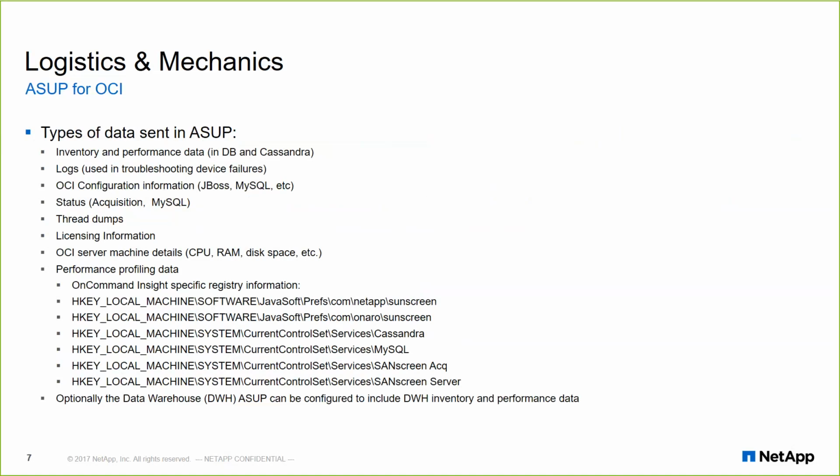We can send the OCI configuration information, status information of your acquisition units and your SQL Server, thread dumps, your licensing information, some of your OCI server information like resources, CPU, RAM, and memory, some of your performance profiling data, and if you turn this on with the data warehouse, you can send the inventory and performance data from the data warehouse as well as some logs from the data warehouse and Cognos and what's happening there.